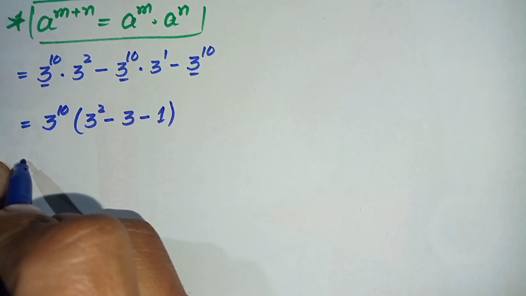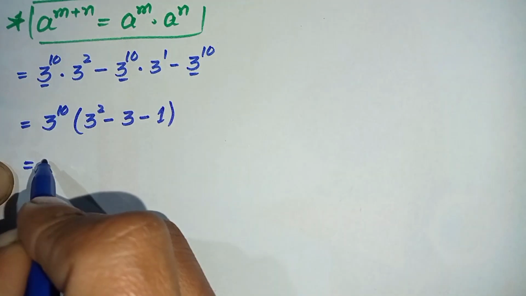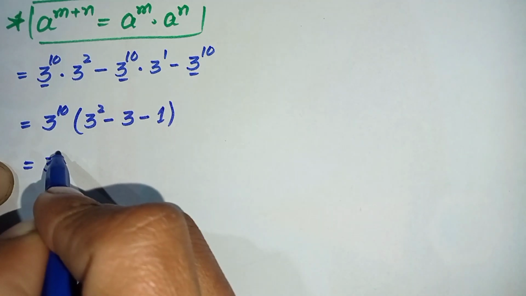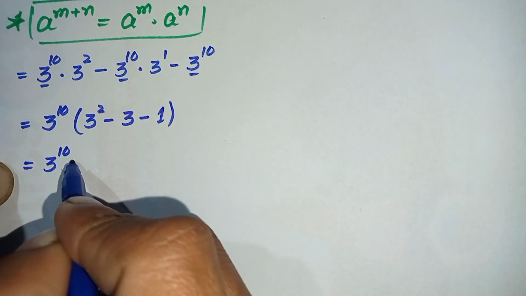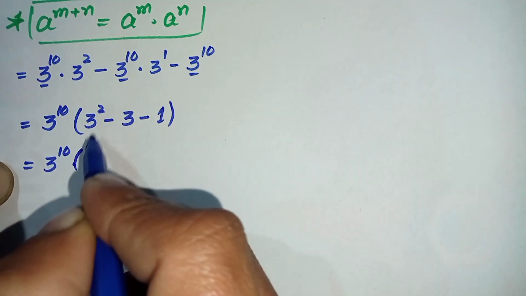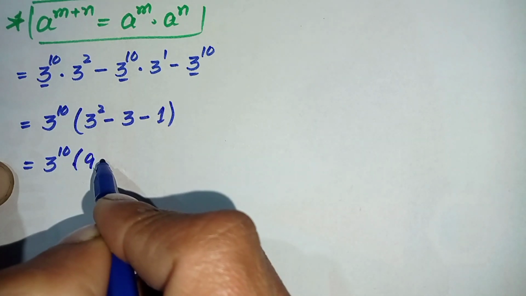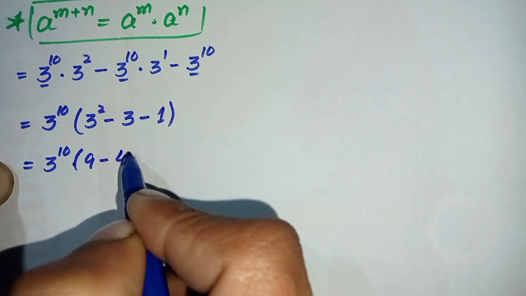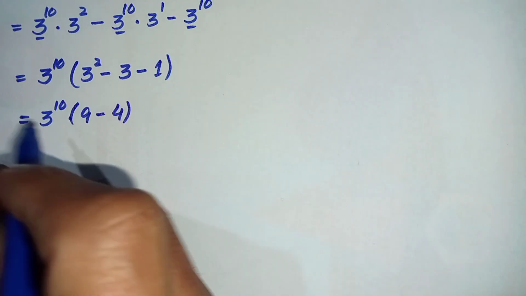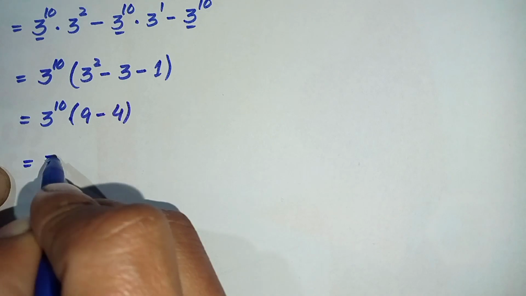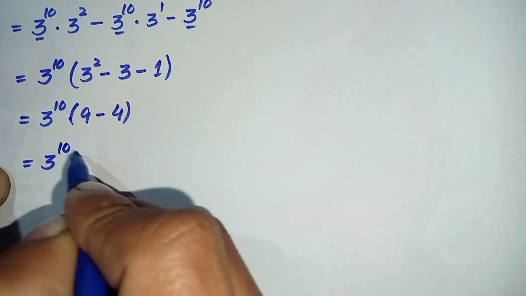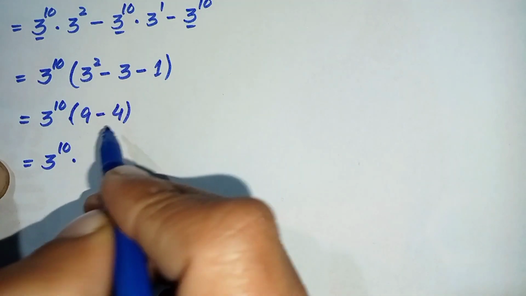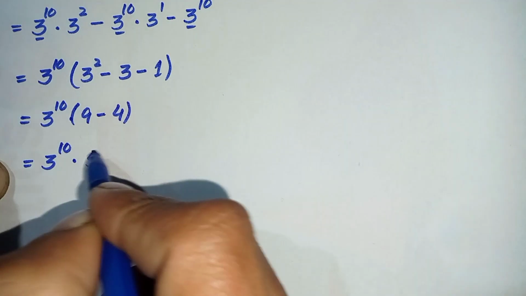So let us further simplify the numbers inside the parenthesis. 3 raised to power 10 times 3 square is 9, minus 3, minus 1 is minus 4. So it will become 3 raised to power 10 times 9 minus 4 is 5.